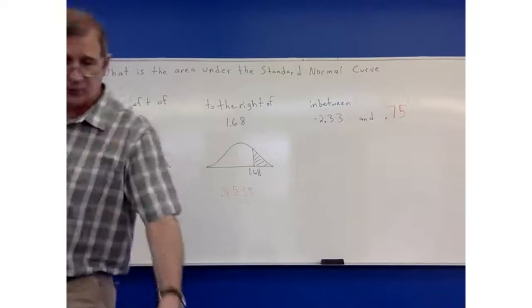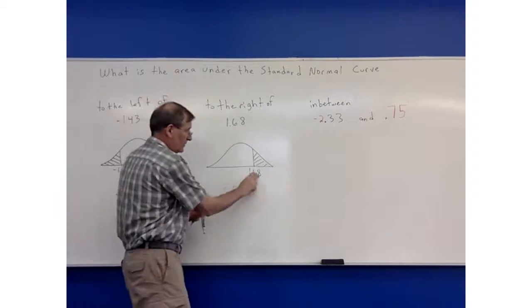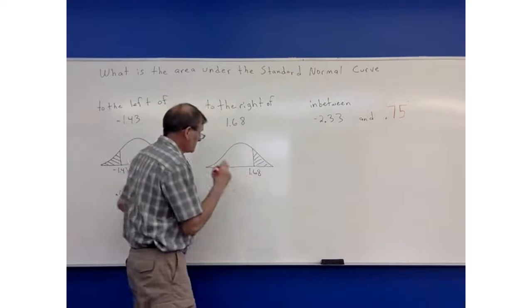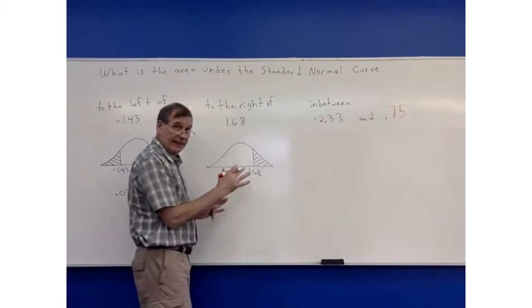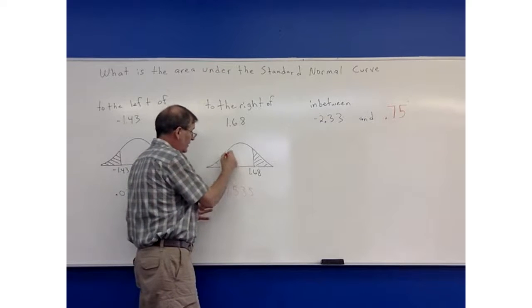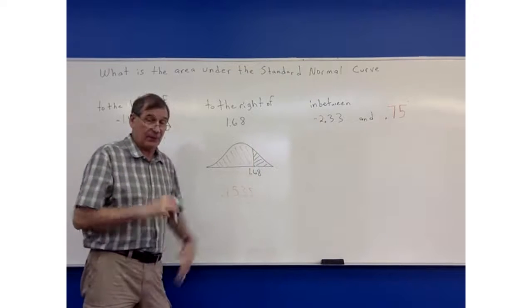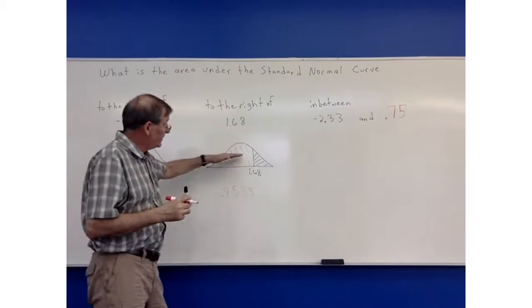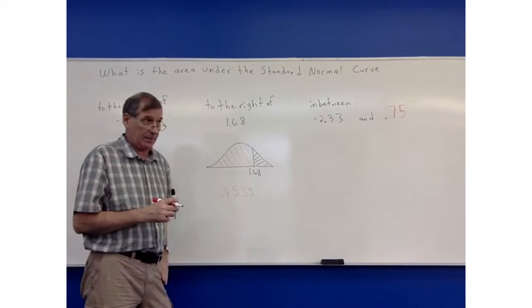The reason I put it in red is because it's not our answer. Our answer will be in black. That's what we want. So, what is that number, 0.9535? That's the number the z-table gives us, and as we know, the z-table always gives you the number to the left of what we look up. So we look up 1.68, and it gives us the red area, 0.9535.